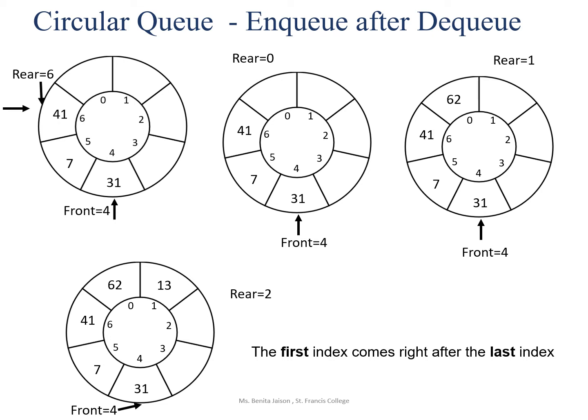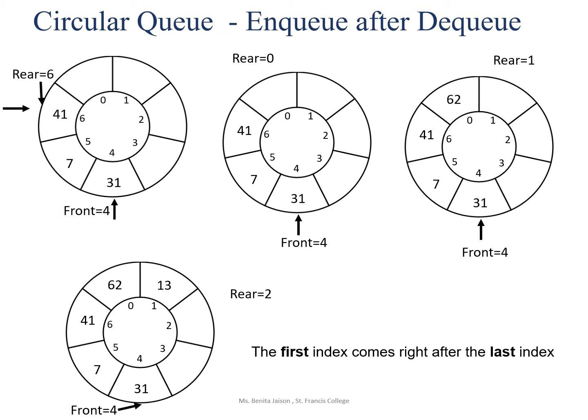Circular increment of the rear index, which is the last index number, will be incremented to the first index number, which is index number 0. As we know, the first index in a circular queue comes right after the last index.